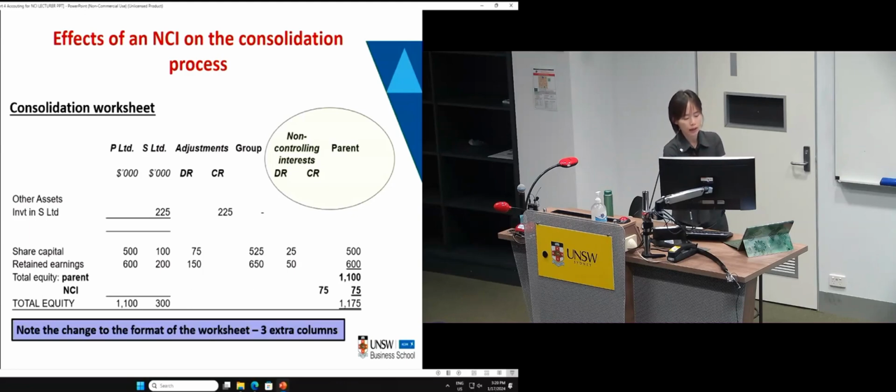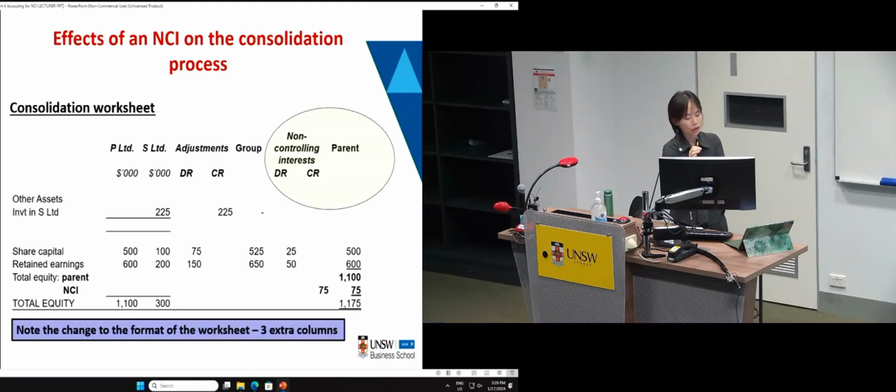Now, the reason the accounting standard asks for separate disclosure of the parent and NCI share of equity is that the owners of the parent want to determine the profitability and the equity of the group that will accrue to them, separate from that belonging to NCI.